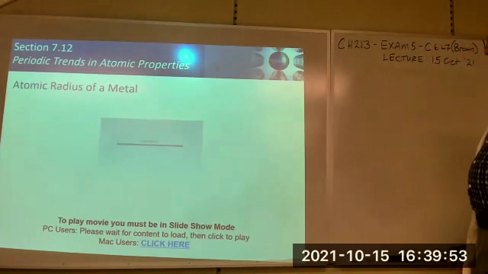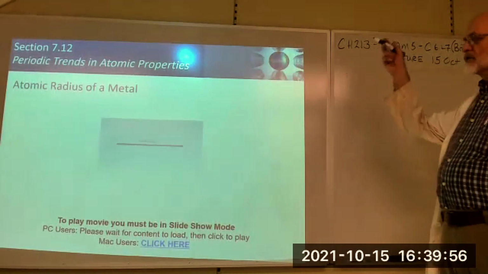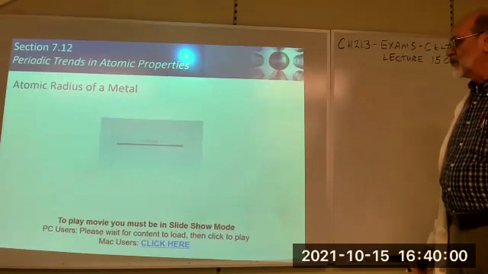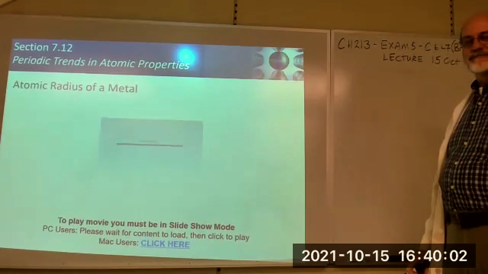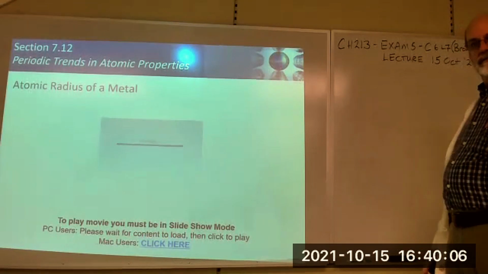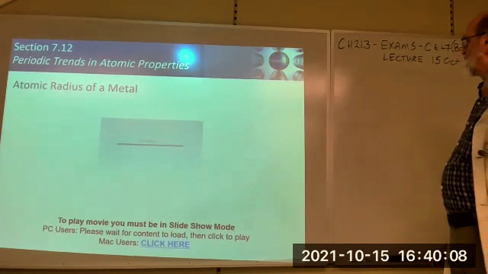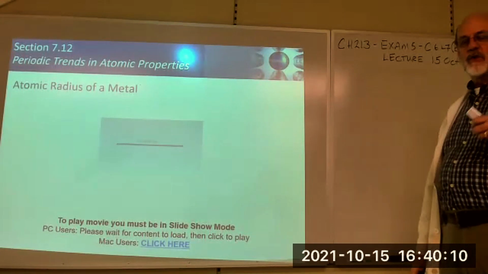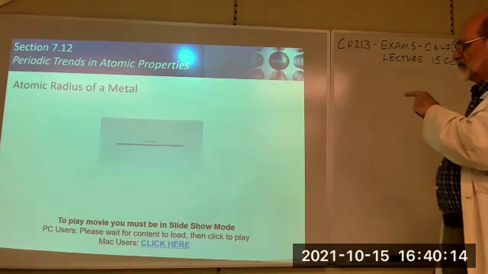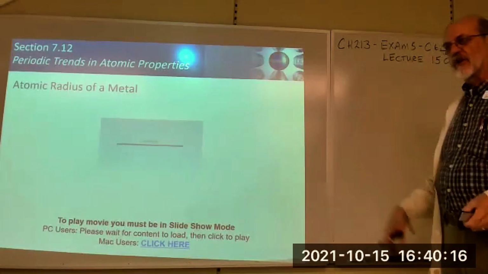All right. Oh, I think they were going to show us one way that they determine radius of an element. And let's see, this is 213. Yeah, 214. One of the first things we do in 214 is we jump on this crystal lattice structure thing.